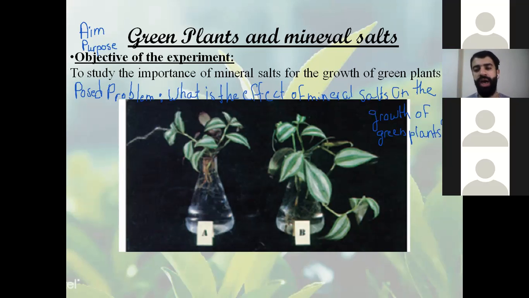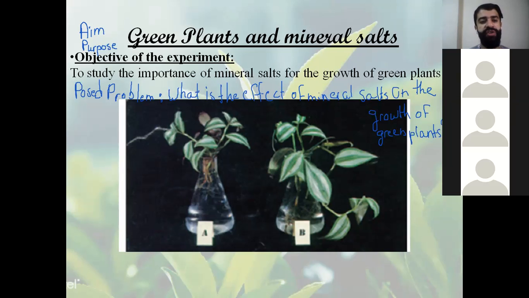But Ali Basma wants to say, for example, what is the effect of sunlight on the growth of green plant? In this experiment, we're not talking about sunlight, so it's not correct. So you have to see what is the objective and what is the aim in order to give your posed problem.